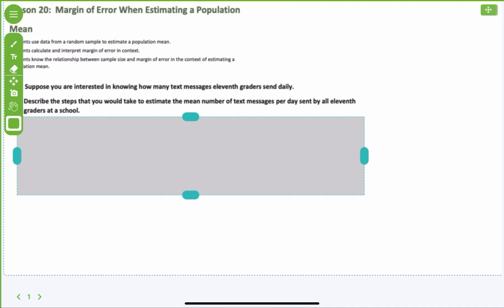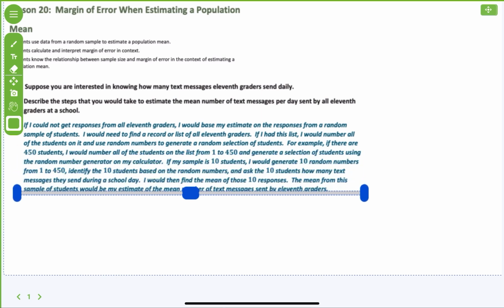Say if you're going to do a sample size of 10 or 20 or 30, you would just pull 10, 20, or 30 random sample numbers, and you would ask those students the question of how many text messages you send daily. Okay, and then you would take the mean of those and plot it, and that's all this is going to say. Probably we'll see exactly how they want it.